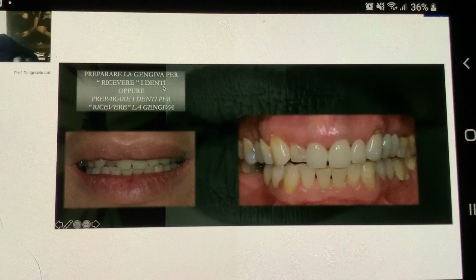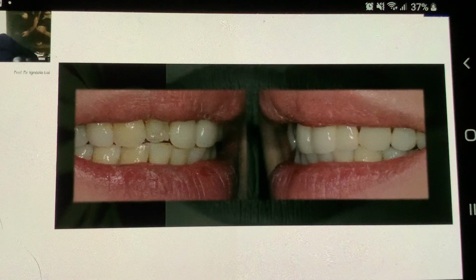So we would prepare the gums in a surgical way to receive the teeth. Today, on the other hand, through BOPT, I prepare teeth so that gums will position in a coronal way, or anyways be stable there, and therefore prepare teeth to receive the tissues.